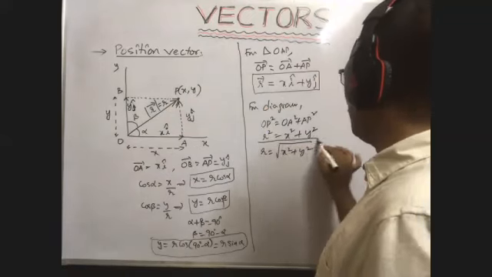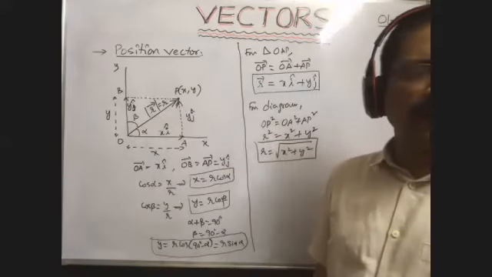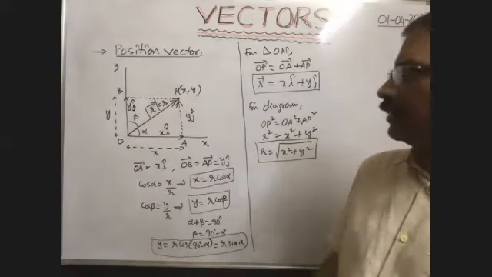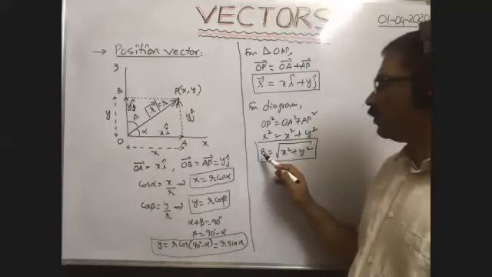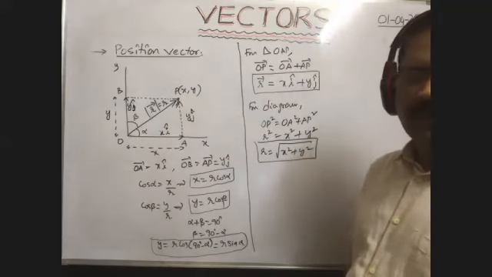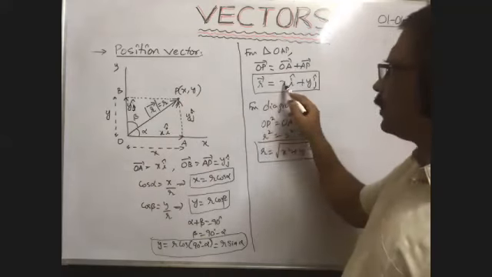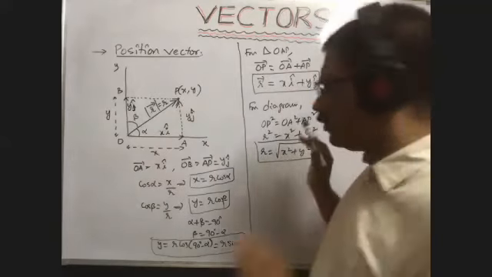This is the formula for the magnitude of this position vector. Then the position vector is equal to x component into i cap plus y component into j cap. So you remember this one.